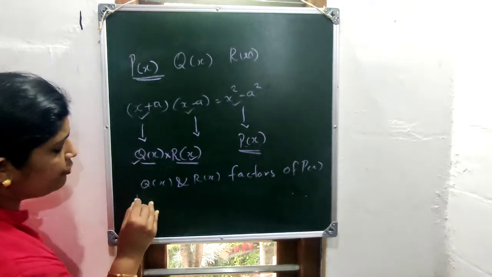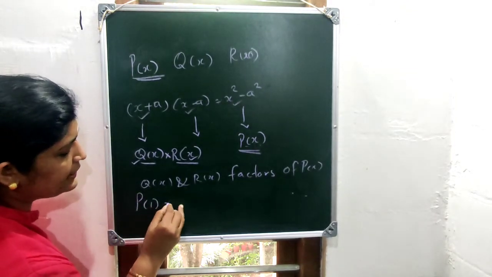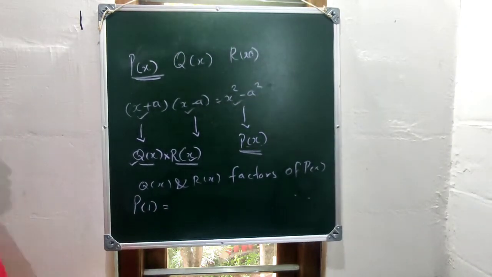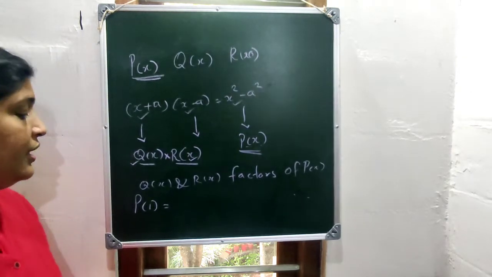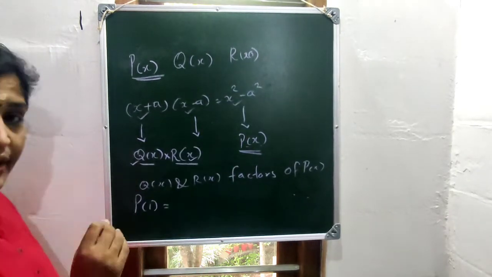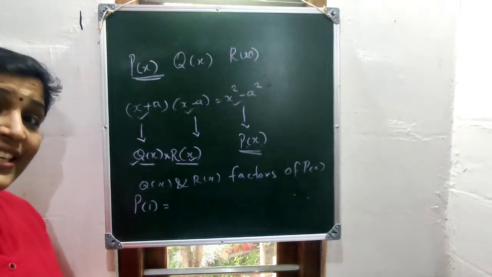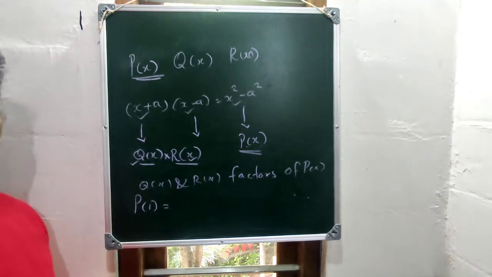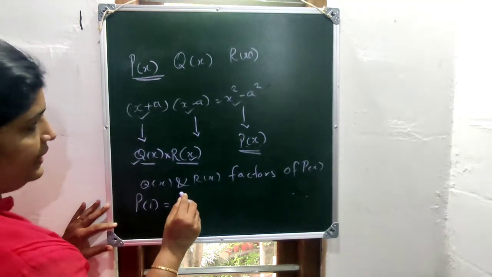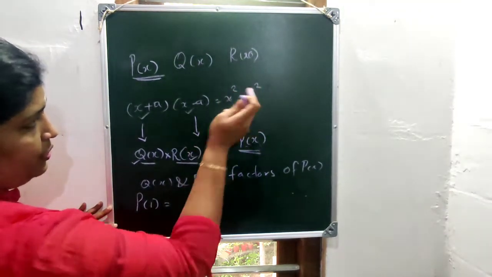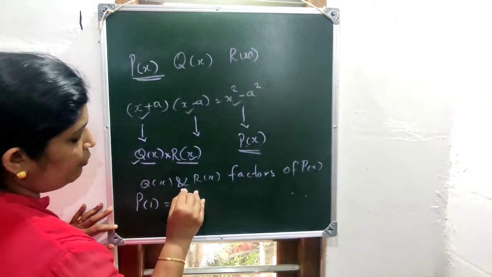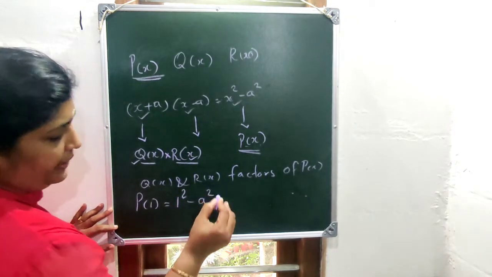What is p of 1? Yes, in the place of x, if we substitute the value 1, we get p of 1, right? What is that? Yes, p of 1 is equal to, instead of x, we just substitute the value. That is equal to 1 square minus a square.